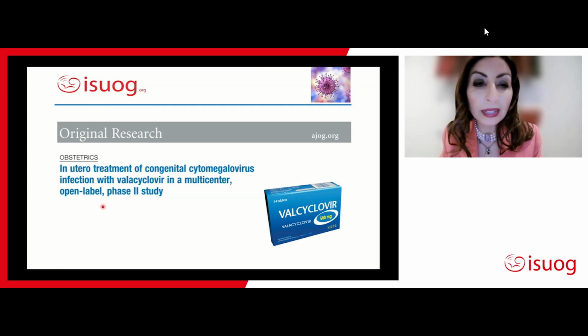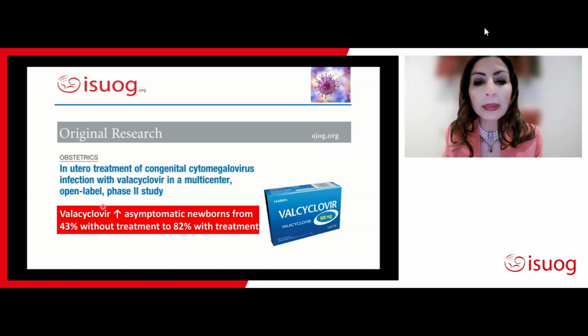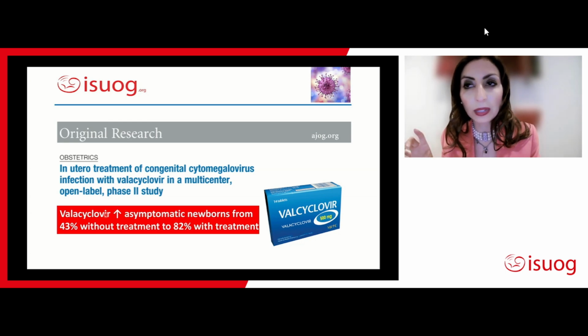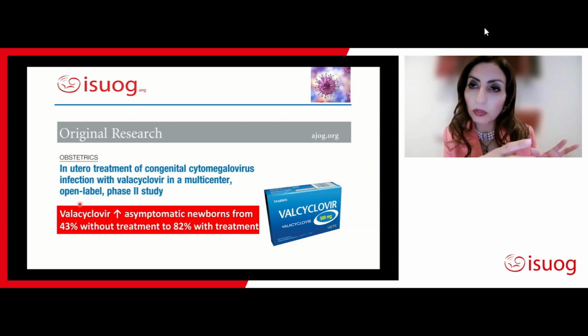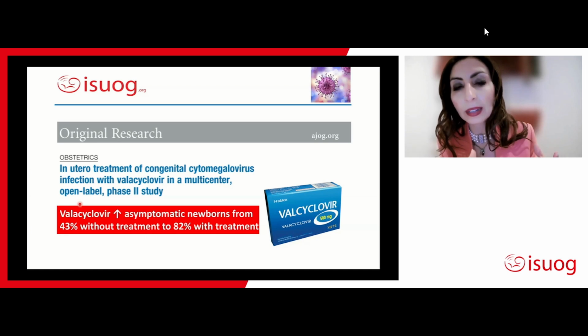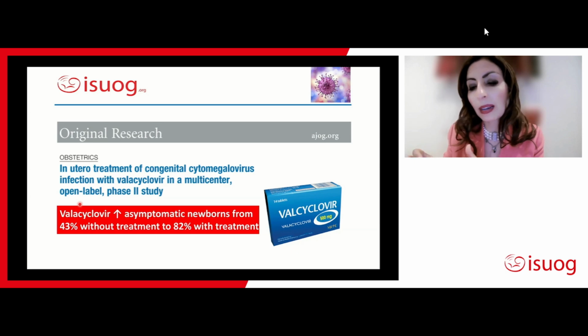This was a multi-center open-label phase 2 study, not a randomized controlled trial, but this study from the French team demonstrated that giving high-dose valacyclovir to these pregnant women increased the chance of being asymptomatic at birth from about 40% in a historical control group who did not have treatment to about 80%.